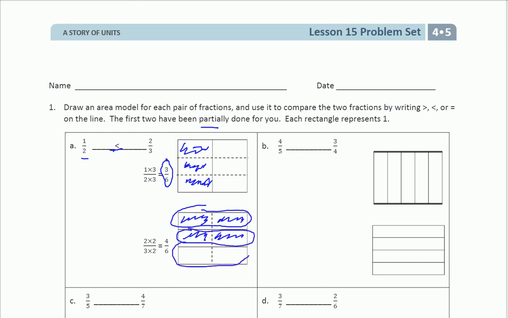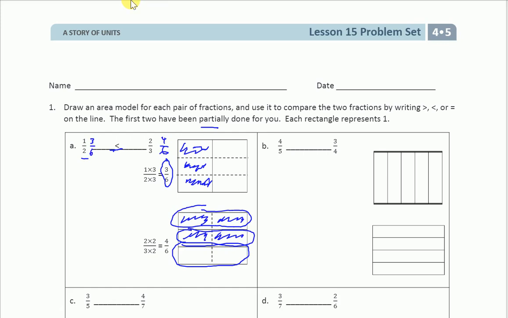So there are our thirds, and then we decompose those into sixths, and I see 1, 2, 3, 4, so 4/6. Here we have the multiplication part, where 2 times 2 is 4, and 2 times 3 is 6. So basically we've made these both into sixths. We've made 2/3 into 4/6, and we've made 1/2 into 3/6. Well, of course, 4/6 is greater than 3/6. All right, so there you go.